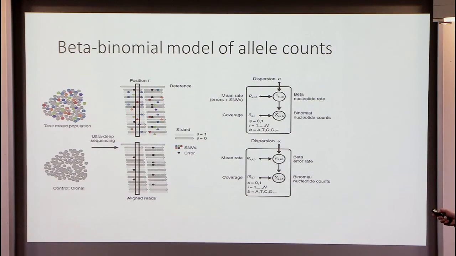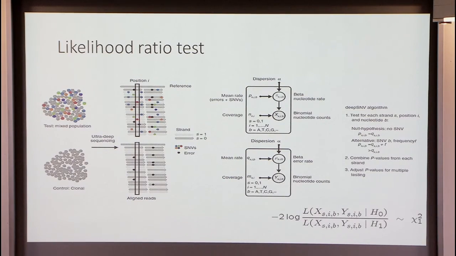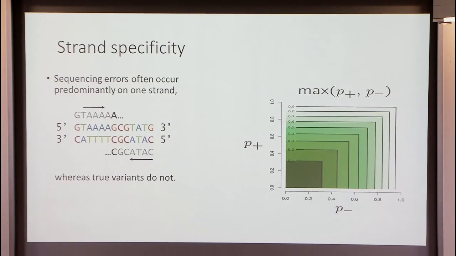And in the tumor sample, that rate is due to sequencing errors and true SNVs. And in the normal, that mean rate is only due to sequencing errors. So then the test is simply to check whether these two are the same or whether this value P is really larger than Q. And if that's the case, then we call the single nucleotide variant. So for example, you can do a likelihood ratio test to do that.